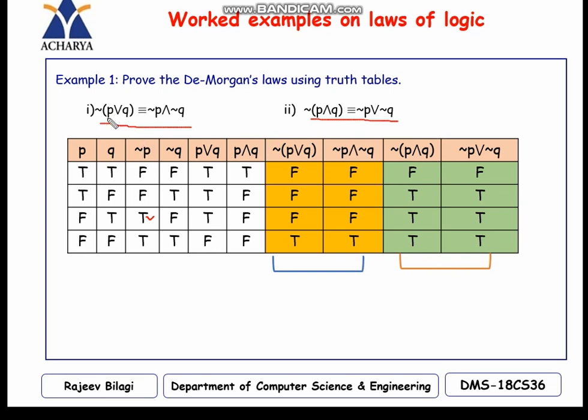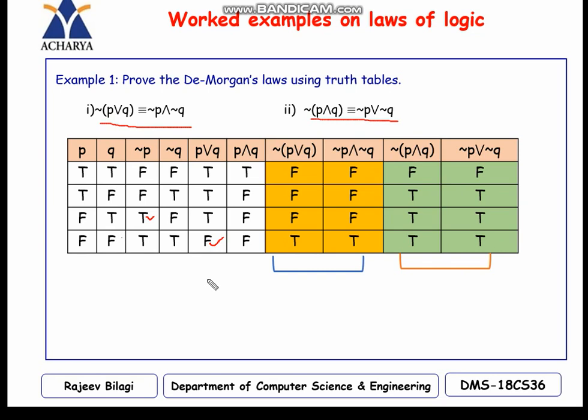Now, first P or Q. P or Q states that if both are true, then true. If any one is true, it is true, and only when both are F, then it is F. A simple way to remember is when both are F, then only F, otherwise it is true.